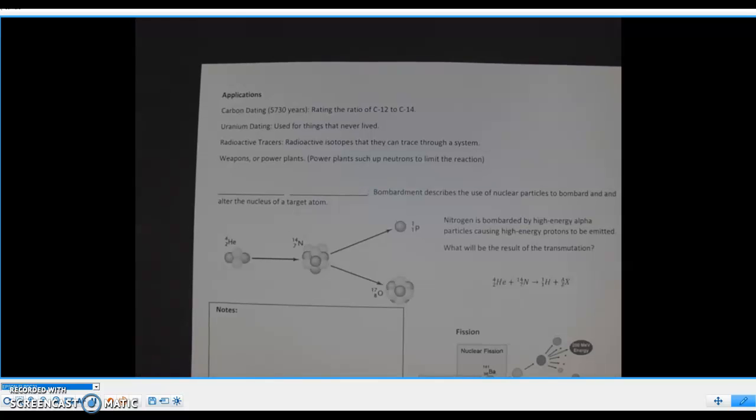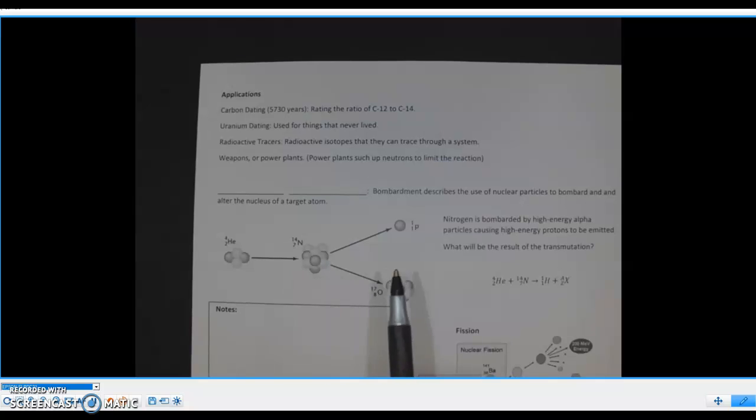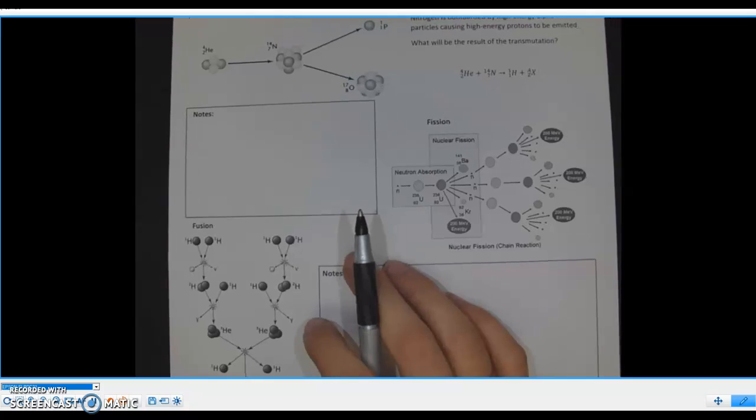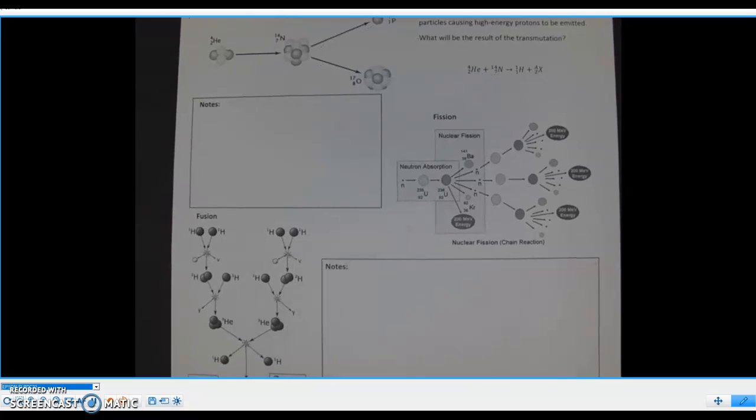All right, now, when we have nuclear bombardment, when we are striking a nucleus in order to split it, this is typically done in a nuclear reactor, where we are trying to cause these high energy particles to be emitted. And we have the difference here of fission and fusion.